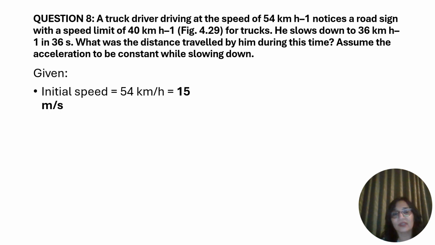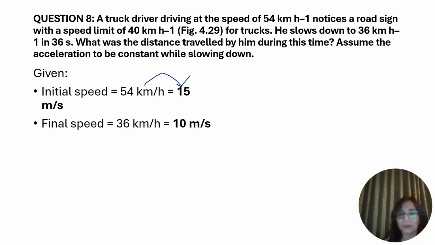So what is given? The initial speed is 54 km per hour, and you have to convert it into 15 meter per second. To convert kilometer per hour to meter per second, you multiply by 1000 divided by 60 into 60. Then what is the final speed mentioned here?